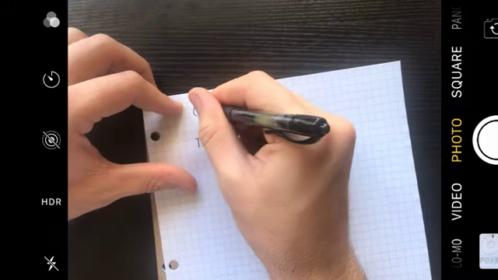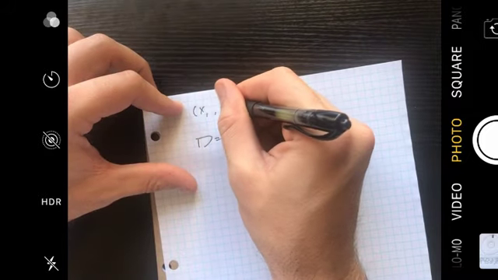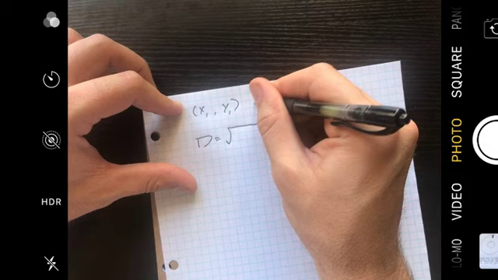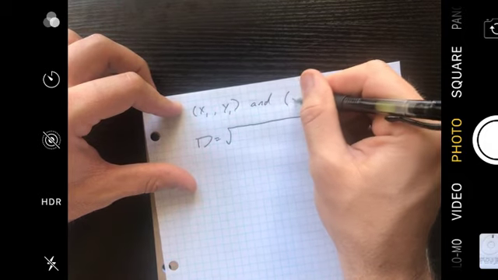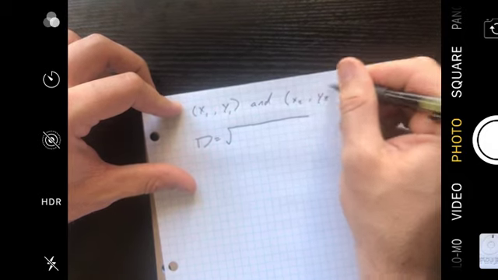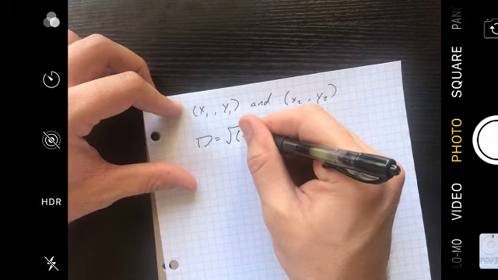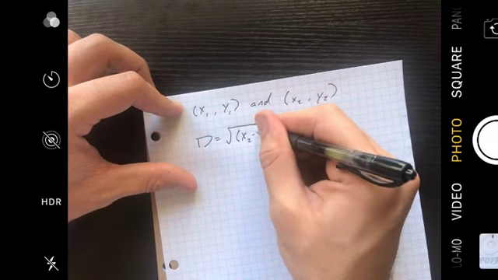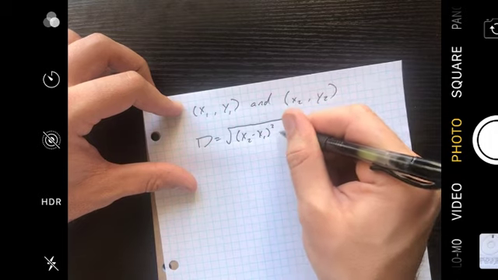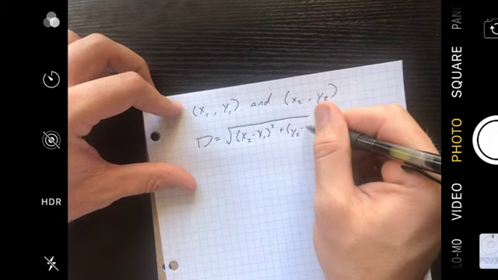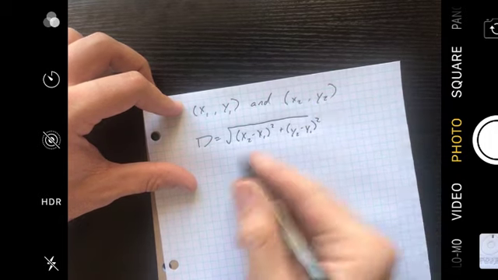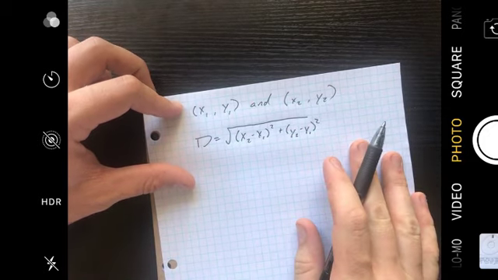For any point, we'll just say x1, y1, and any point x2, y2. So what it is: the square root of x2 minus x1 squared plus y2 minus y1 squared. That's the distance formula.